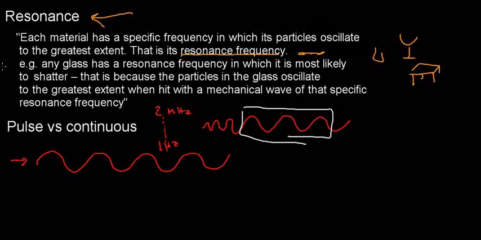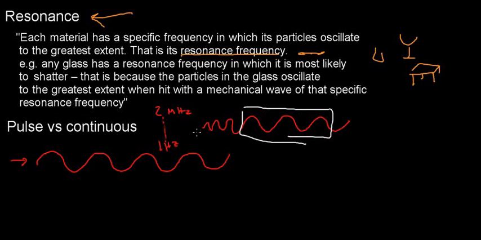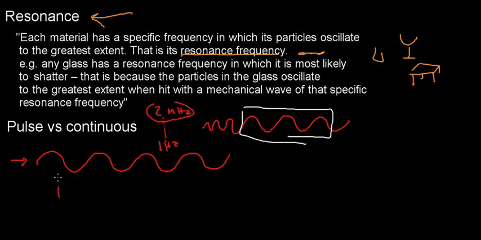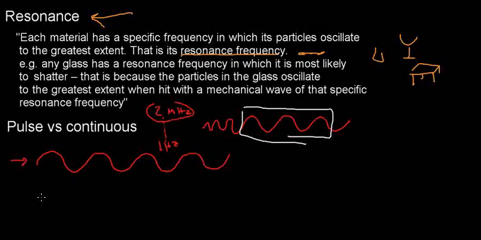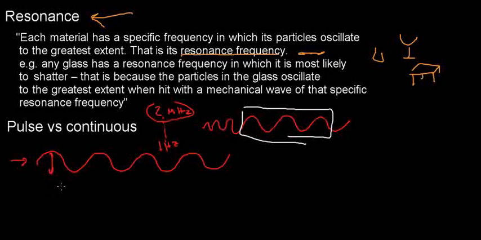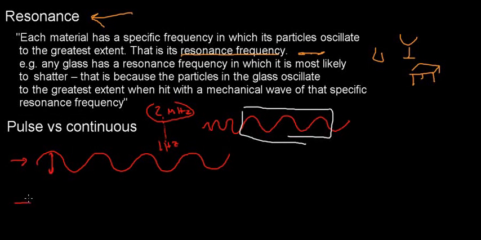What is the pulse ultrasound? And you may already get to where I want to go. Let's just say I want to make 2 megahertz pulse ultrasounds, and this is the 2 megahertz frequency with a specific amplitude here. What would happen is when I'm generating a pulse ultrasound, first of all, the inverse piezoelectric effect starts vibrating the material, and slowly I would get bigger amplitudes, and then I would get my target amplitude, and this would be the pulse, and this would stop.